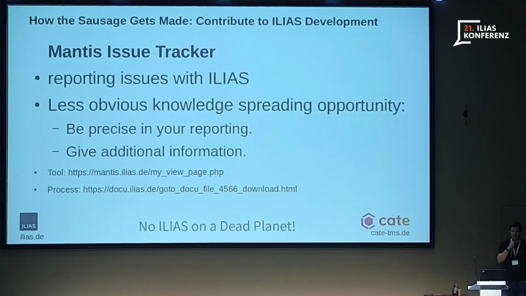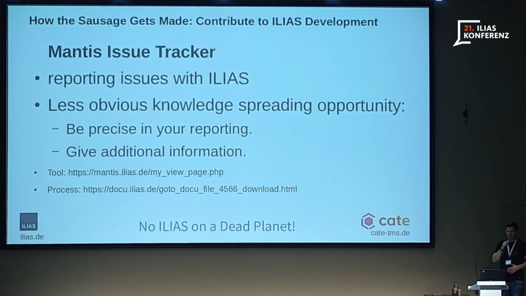Nothing is more annoying than someone writing down, this doesn't work, and I ask, what exactly doesn't work, and then I don't hear from him for 10 months, and then I need to go into that problem again. That's just annoying and taking time. So be precise in your reporting, give additional information if you have it, even if it's not tickets that you created in the first place, even if it's just, I have that ticket too, that issue too, that might be helpful.